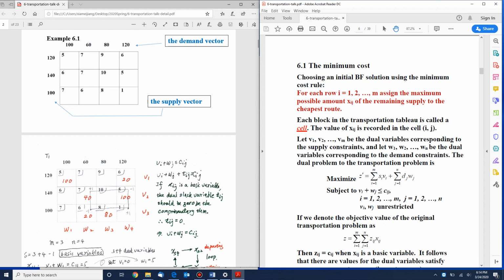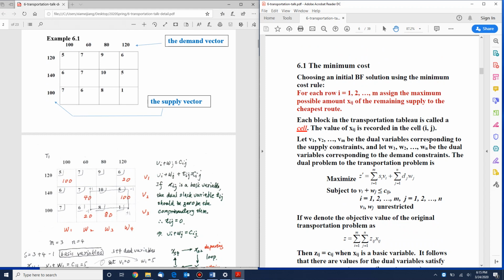And then you could see this table has 3 rows and 4 columns, corresponding to the 3 sources and 4 markets. Then I put the demand vector, the demand amount for each market, above the table, and the supply vector on the left side of the table.